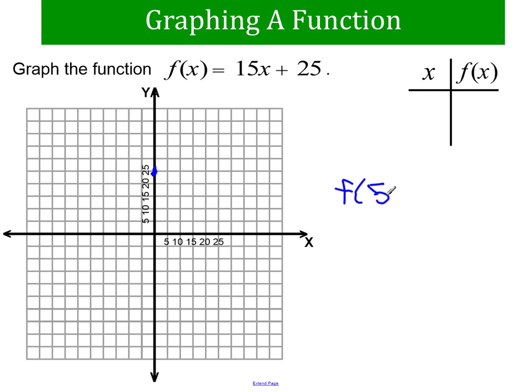Get my 5 right here. Okay, so in this case, f of 5 is 15 times 5 plus 25. 15 times 5, that's 75.